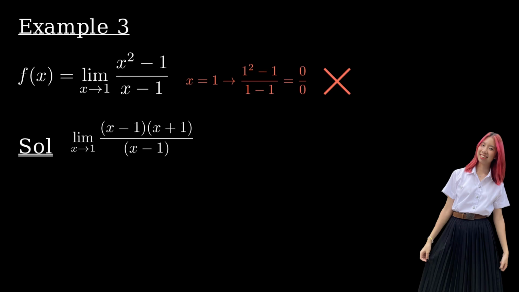We factor the numerator: x squared minus 1 equals x minus 1 times x plus 1. Then, we cancel x minus 1 and we are left with the limit of x plus 1 as x approaches 1. Finally, we substitute 1. So, 1 plus 1 equals 2 and the answer is 2. Even if it looks impossible at first, by simplifying, we found the real limit value.